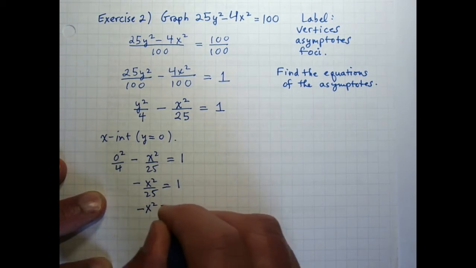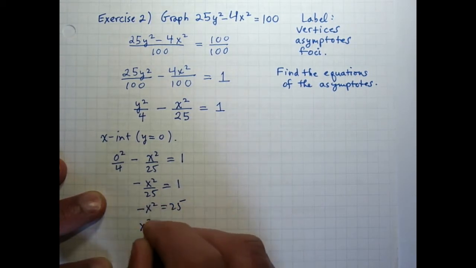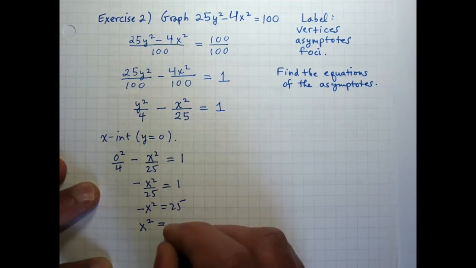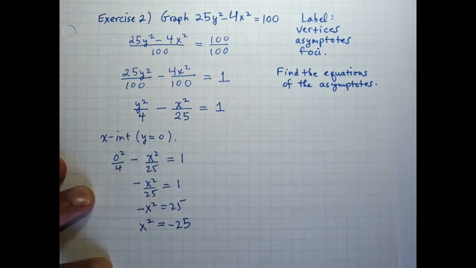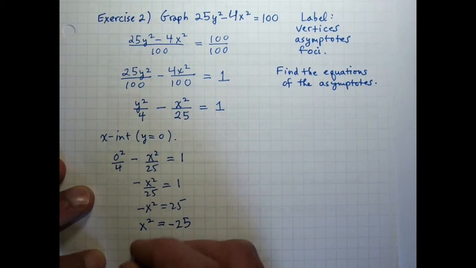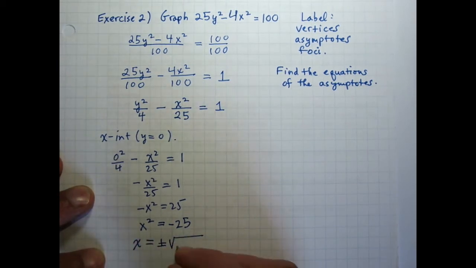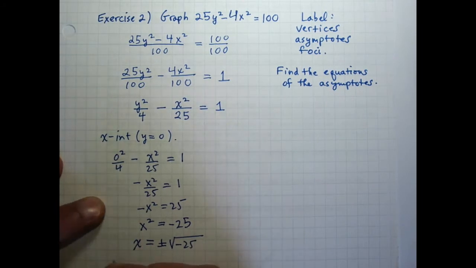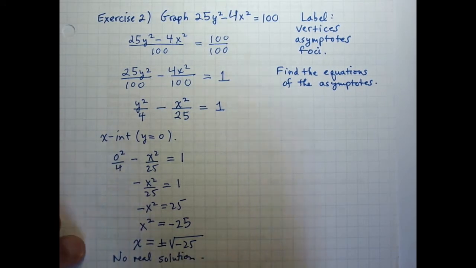Minus x squared is 25, but that means x squared is negative 25 if I multiply both sides by negative 1. So I would try to take square roots of negative 25, which has no real solution. And so there are no x-intercepts.